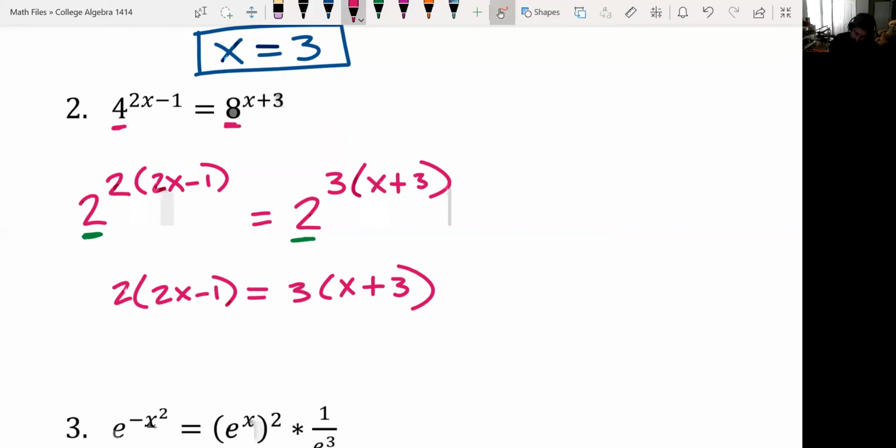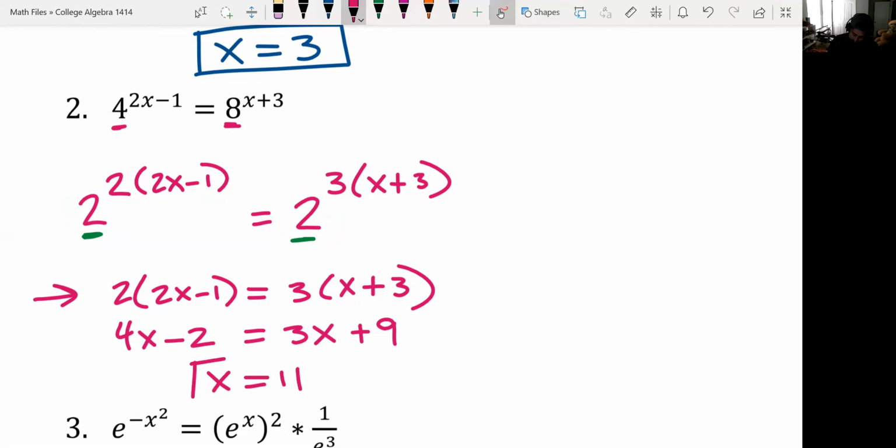Put a little arrow there showing what we did, because every now and then somebody asks, where did these 2s go? And the 2s went away because we're using that new exponent equality property on the top of the page. So 4x minus 2 equals 3x plus 9. Move the x over, move that, and you get x equals 11.